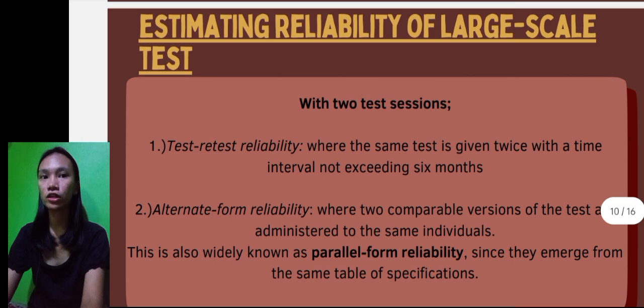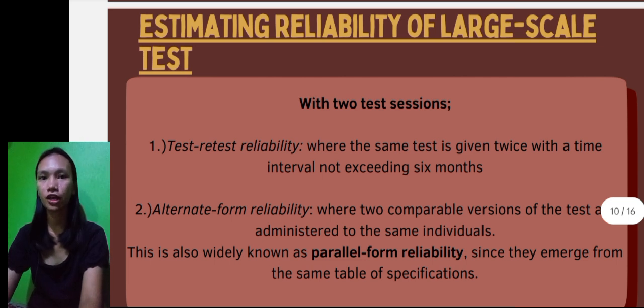It is also commonly referred to as parallel form reliability. Both terms describe the same concept, but parallel form reliability is often used when the two test versions are constructed to be statistically parallel, meaning they emerge from the same table of specifications.